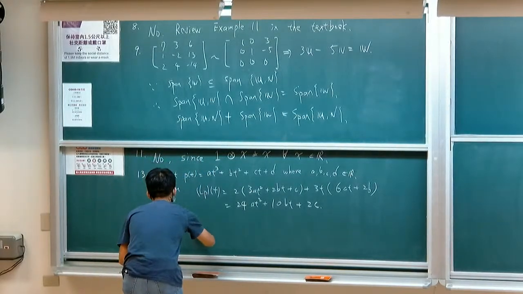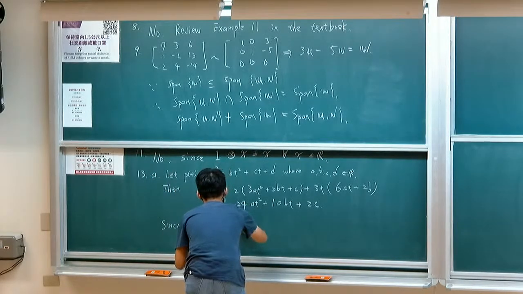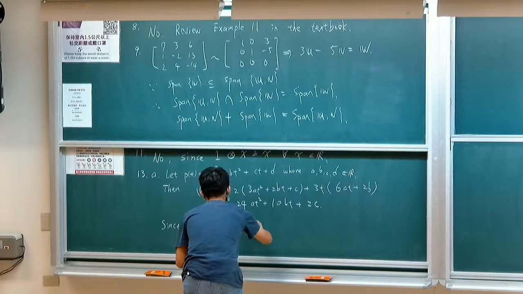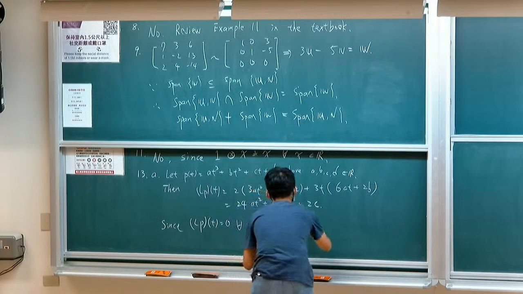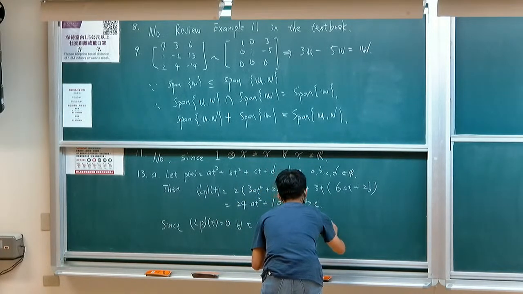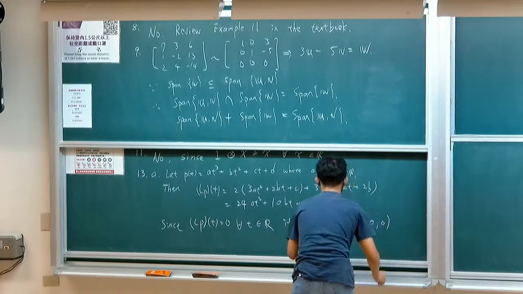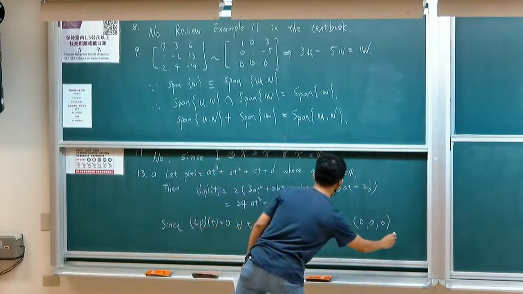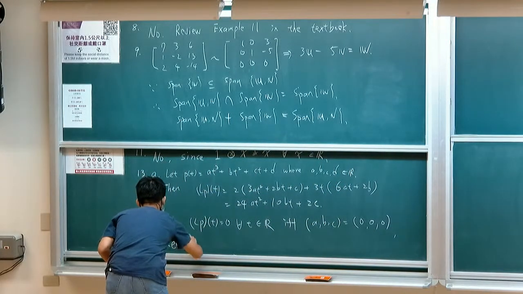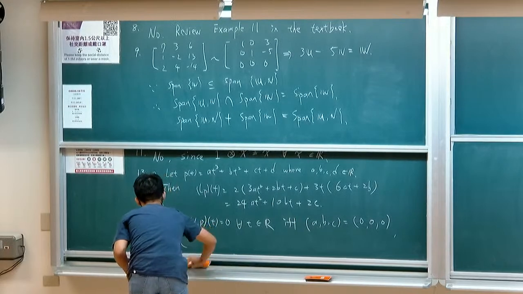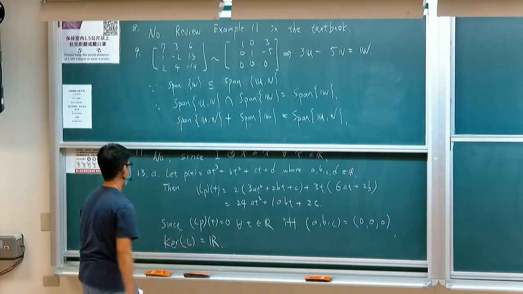So if and only if a, b, and c are all 0, therefore the kernel of L is real numbers.